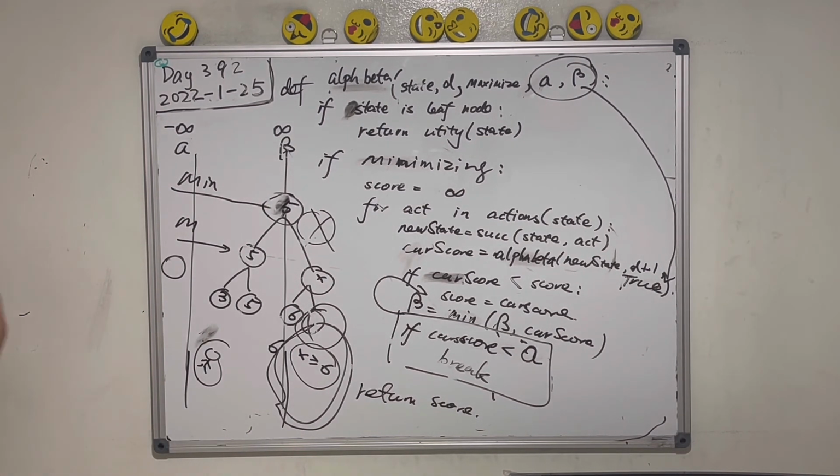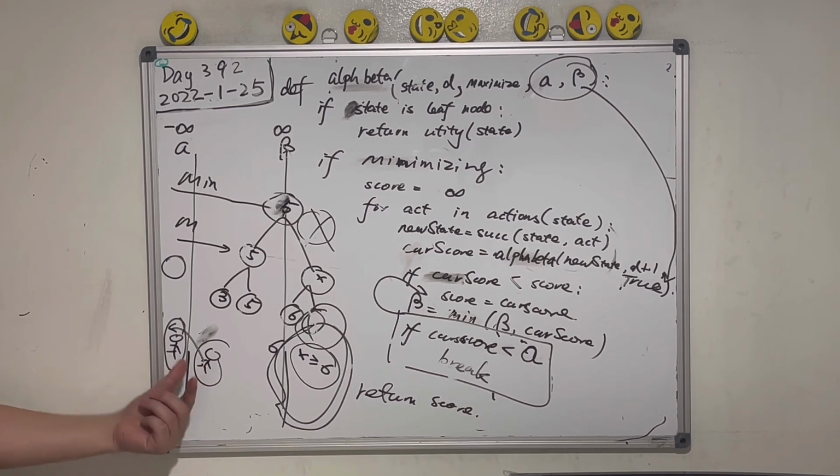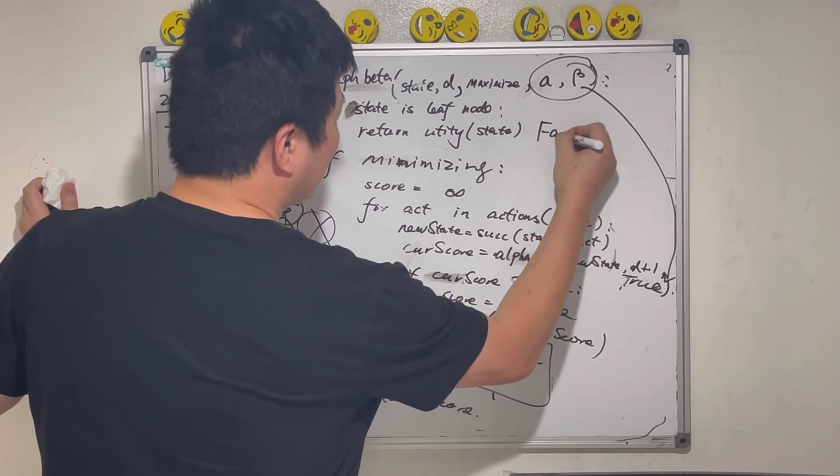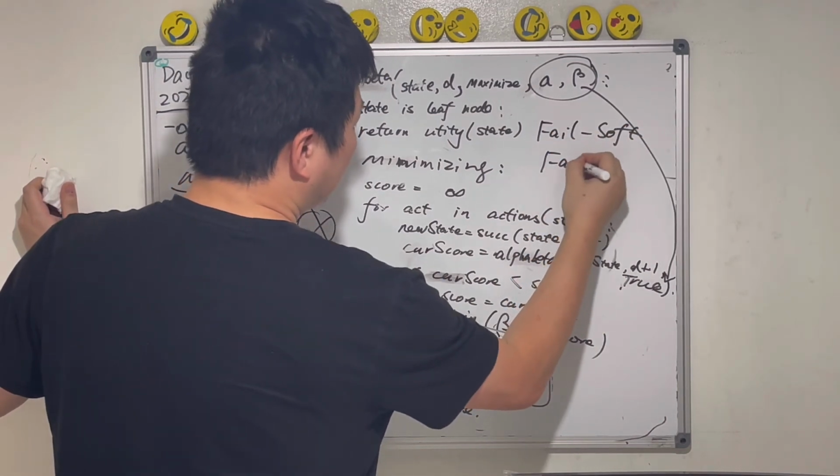But if you move outside, and then you realize you're outside, but you return this value, we call it fail-soft. Make sense? Because you're outside the boundary, you return that as a value. That's the difference. Okay, fail-soft and fail-hard.